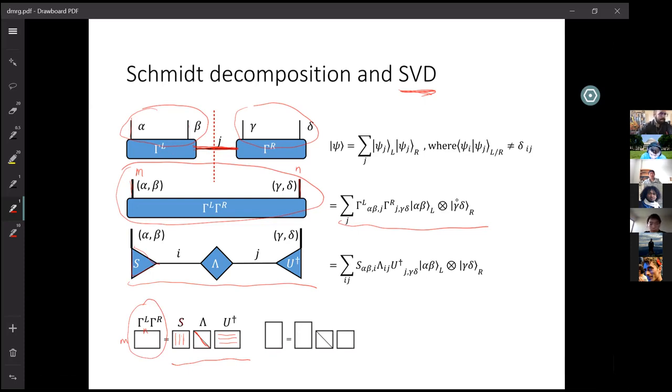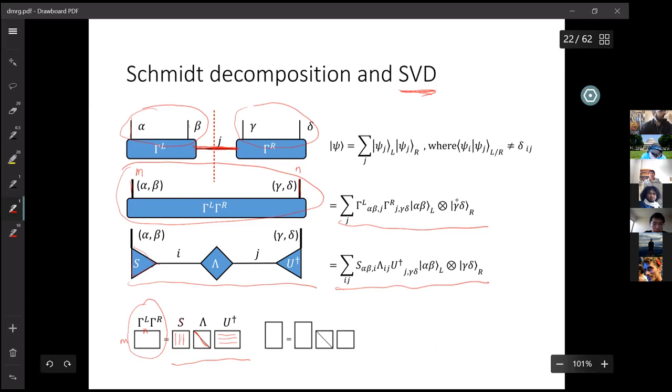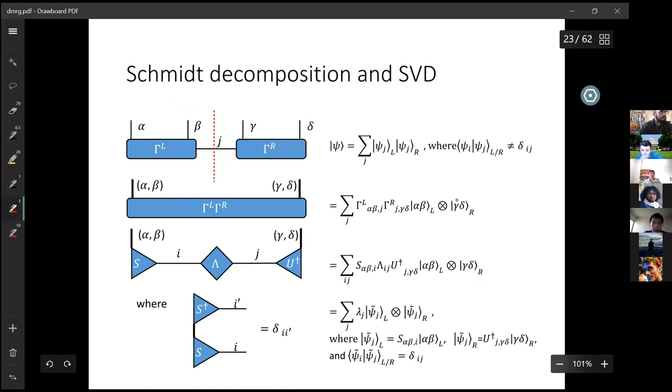All right, so now we have written the wave function in this form. Notice that this orthogonality condition between the column vectors of the S matrix can be converted to this form in the tensor network language, because this is basically a product between S dagger and S, and that should give you an identity, right? So it's delta ij, which in tensor network language is just a line connecting the two indices.